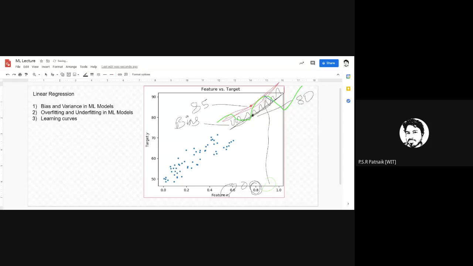But for 0.1, somewhere here, it is once again on the expected point. So your machine learning has predicted the growing pattern, but the outcome of the machine learning model varies from value to value.